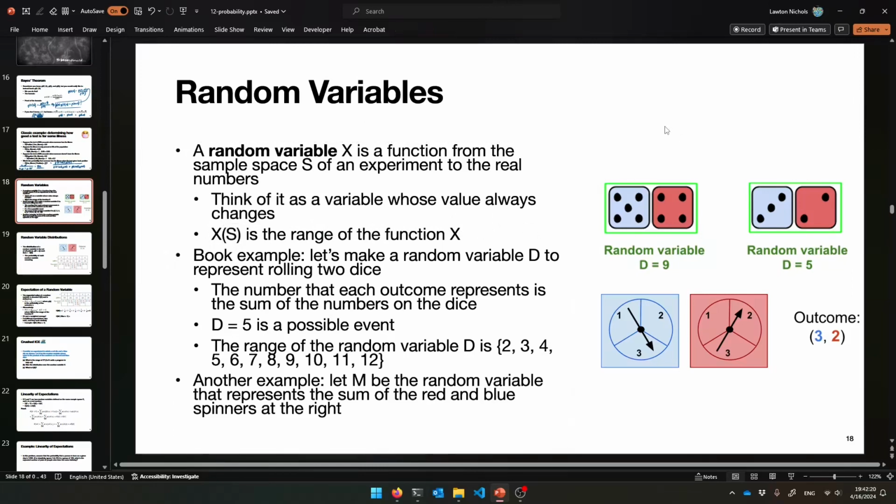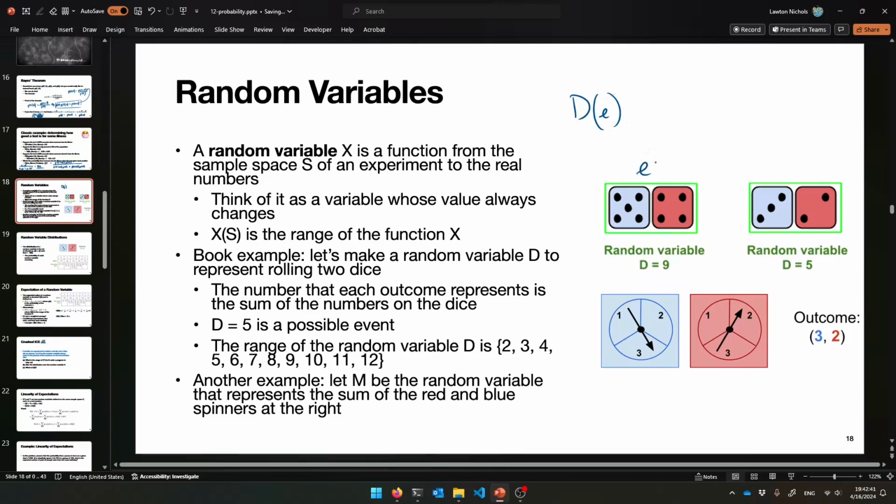Okay, so here's an example random variable. Let's define the random variable D to be a function from the sample space. So you give me some event that took place, and what I'll do is add up all the numbers on the dice. That's what I want my random variable to represent: all the numbers added up on the dice for this particular event.